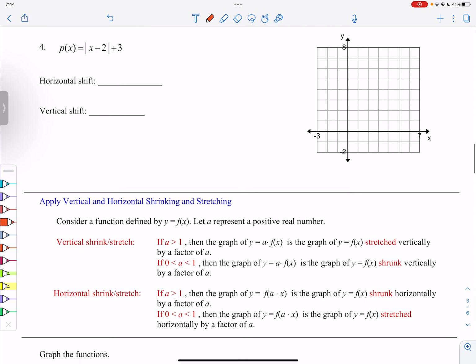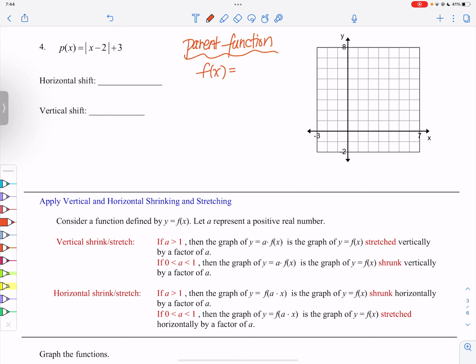Look at this next one. Our parent function is the absolute value graph. And that's f of x equals the absolute value of x. We can just give a few points. And that's just the absolute value of those numbers.